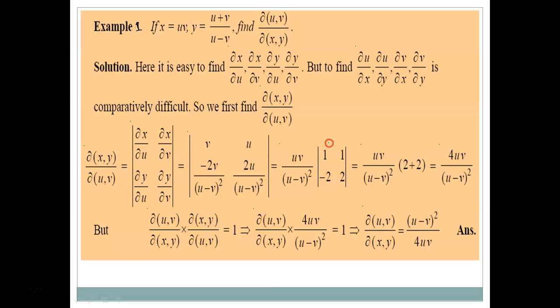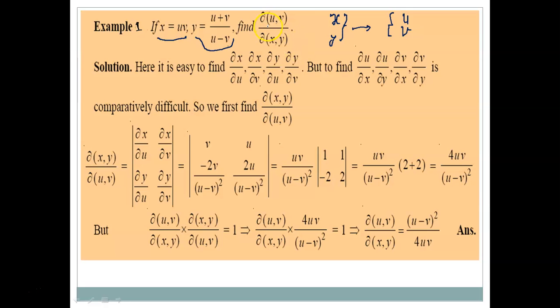If you look at the situation, here you can see that x is given to be a function of u and v, and y is again given to be a function of the variables u and v. In fact, you are given the transformation from the variables x and y to the variables u and v.